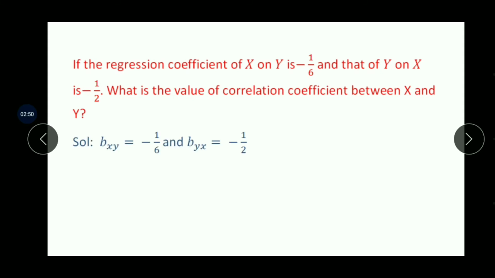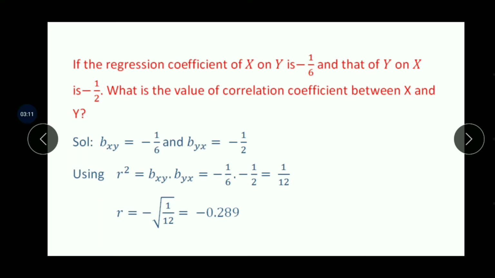Using this equation, r square equal to bxy into byx, which is equal to minus 1 by 6 into minus 1 by 2, so it comes out to be 1 by 12.